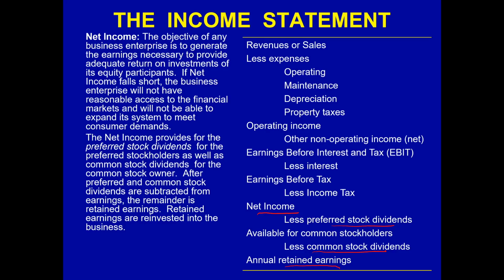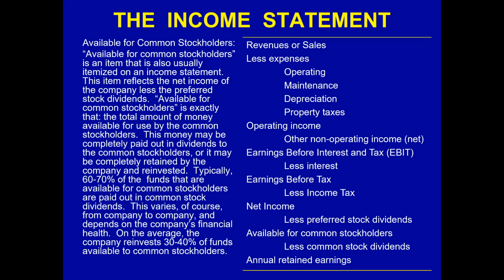which is the profit that the company can use to expand its operations. Available for common stockholders is the income which is there for common stockholders, after giving the preferred stock dividends.